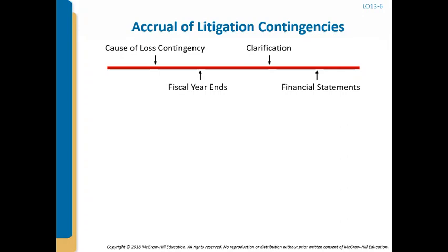Now understand again that the cause of a loss contingency must occur before the end of the fiscal year. And so, you know, to even have the possibility of booking a liability in your financial statements, it's got to occur before the end of the fiscal year.